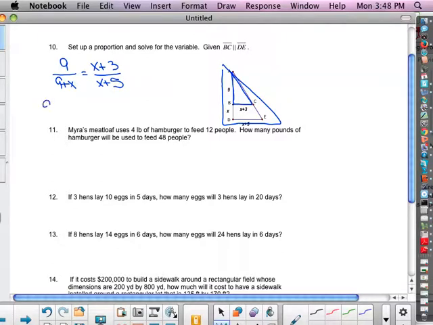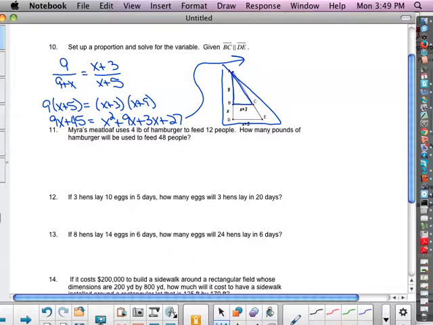Cross multiply, you have 9 times x plus 5 is equal to x plus 3 times x plus 9. You have 9x plus 45 is equal to x squared plus 9x plus 3x plus 27. So I have 9x plus 45 is equal to x squared plus 12x plus 27.